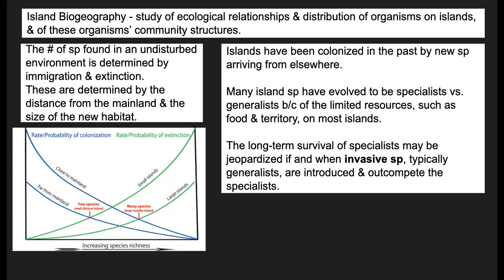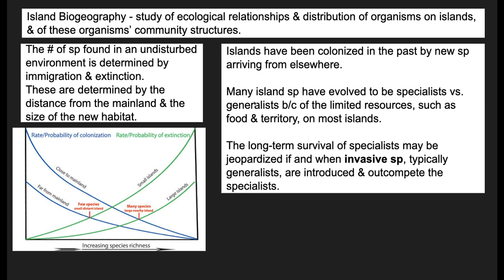Now, if I have some generalists that arrive on the island, they would overcome the specialist species on the island because they can just take on any kind of resource. They can survive on any kind of resource, they can stand any kind of temperature, they can eat whatever is available. So they will have a greater niche, right? Specialists have a narrow niche.